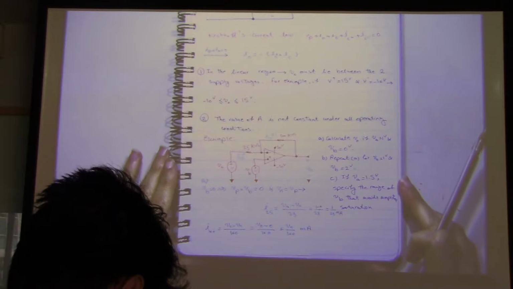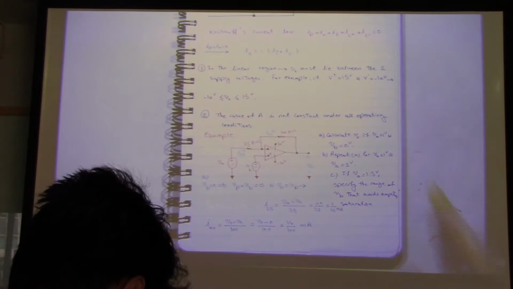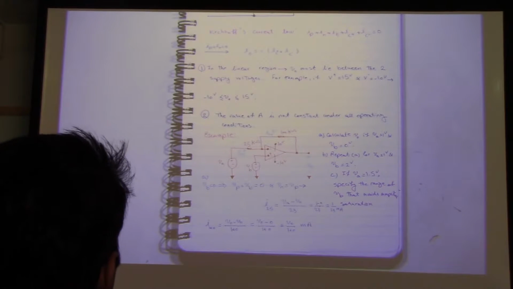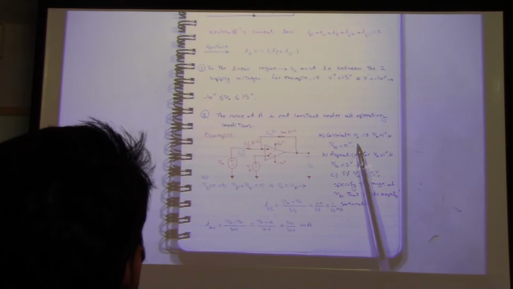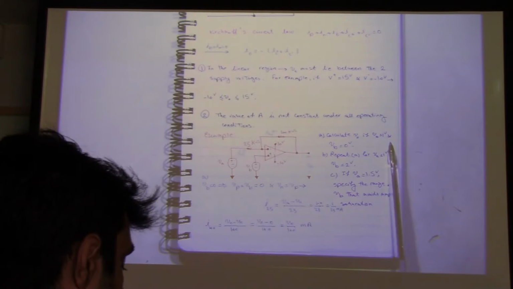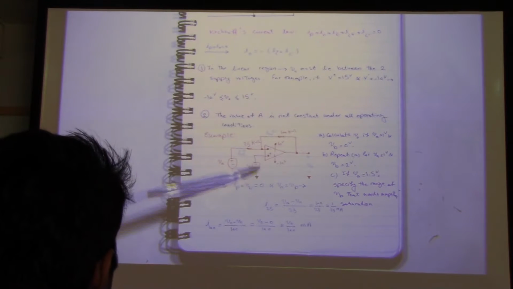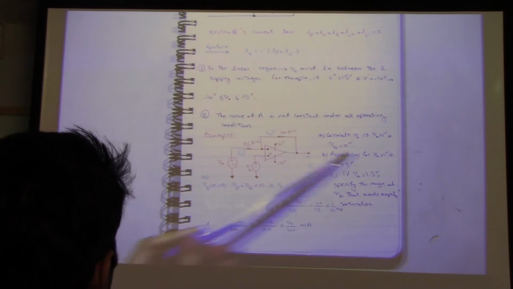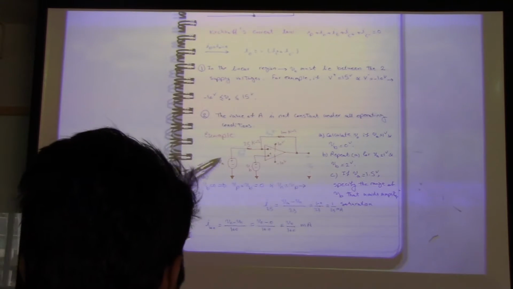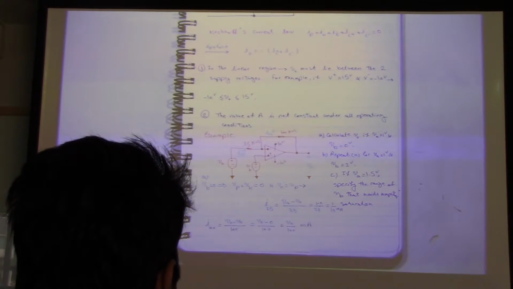Okay, there is a circuit like this. We are looking for V out if VA is 1 volt and VB is 0. When you say VB is 0, it means it is grounded. There is no voltage over here, and VA is 1 volt. Is that clear?